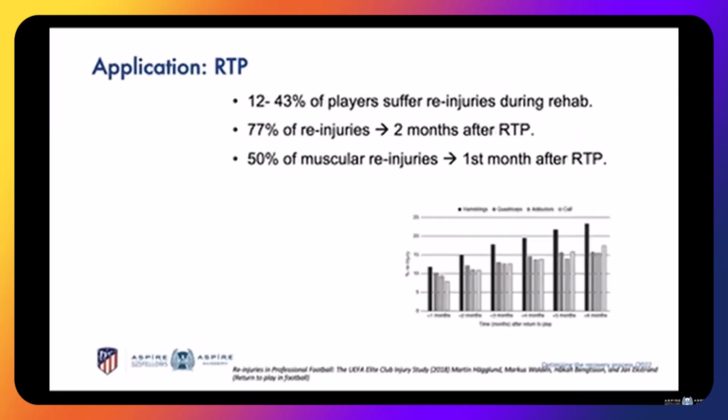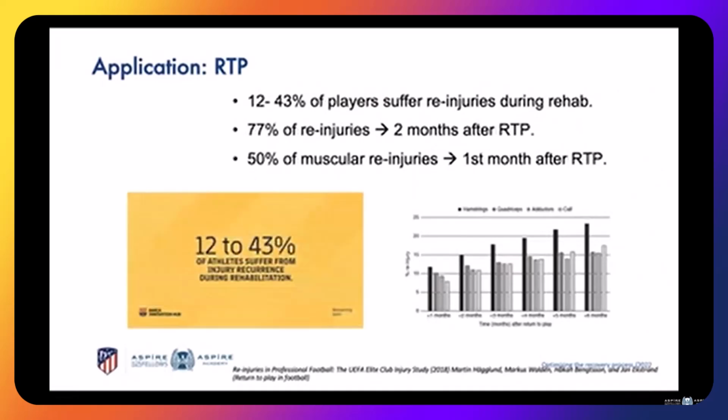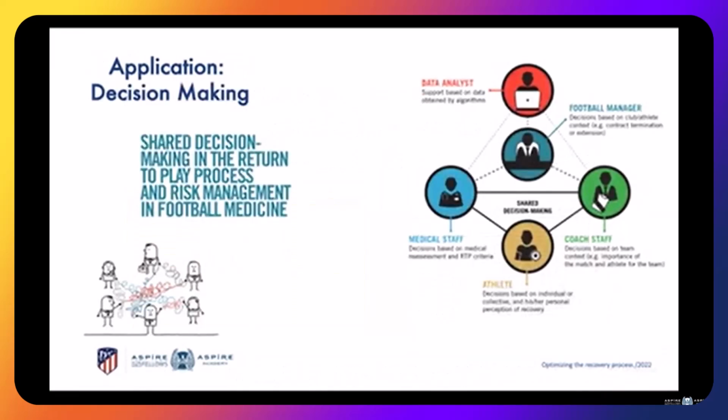So it's important to still monitor the player through that process. That's why this injury prevention program is a continuous assessment of the players, and not just after, but also during the rehab.